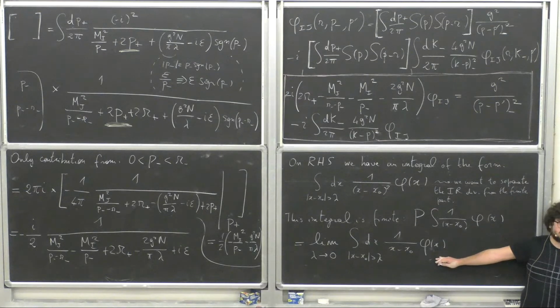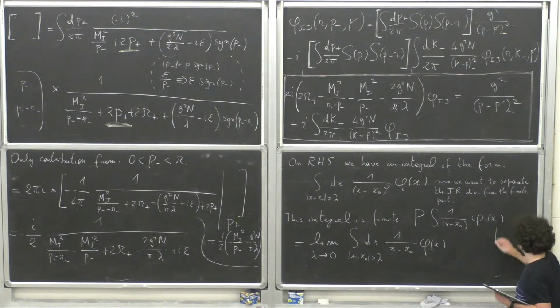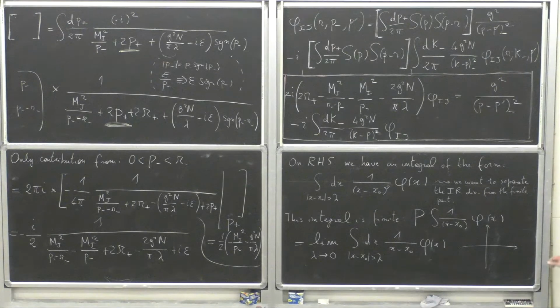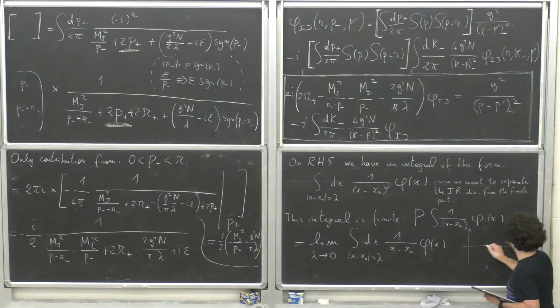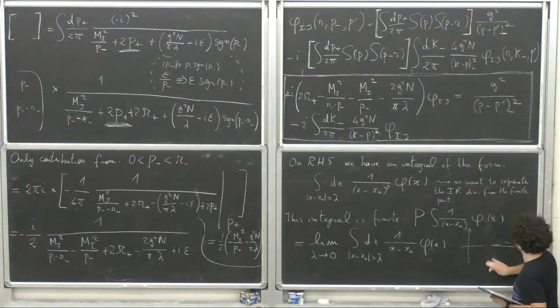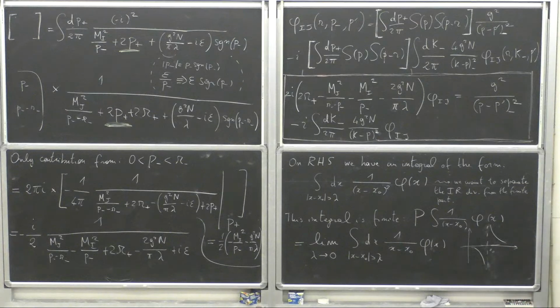It doesn't have any IR divergent piece. Well, the reason why this distribution is famous and has a name is because it's finite, and it's finite because, you see, if we have our point x naught, let me do some drawing. So this is x naught, and this thing just behaves like this, right? The function 1 over x minus x naught.